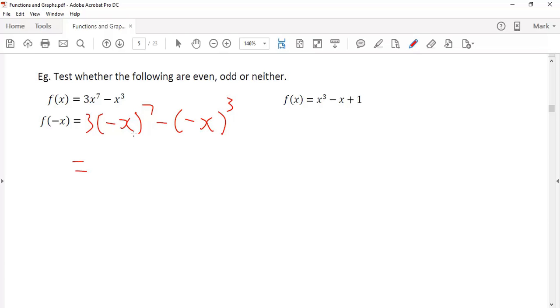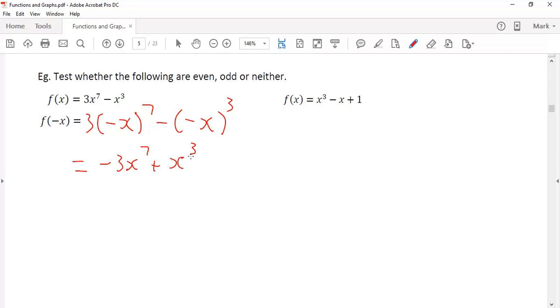We know that it's a negative number to the power of an odd number, so that means it's going to remain negative. So it'll be minus 3x to the power 7, and that would be negative in here as well. But two negatives here make a positive. So plus x cubed.